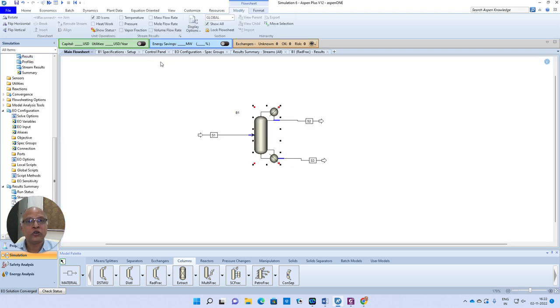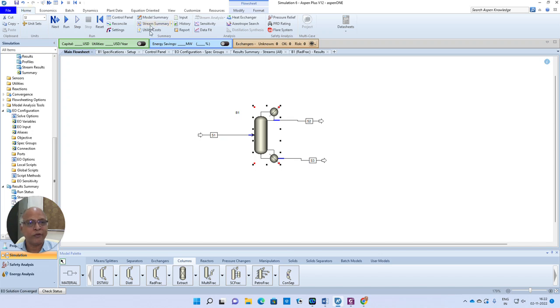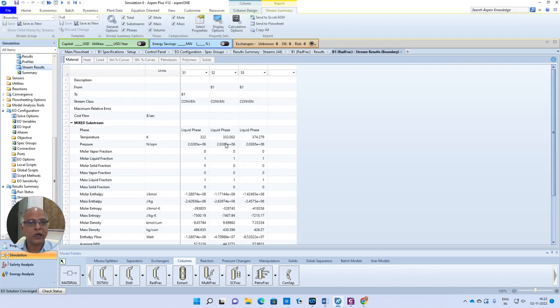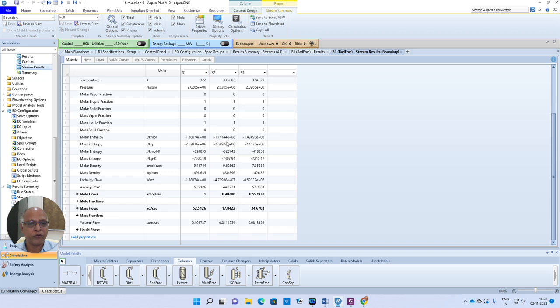So in this way, you should be in a position to look at whatever requirement that you have, right? Especially when you have more than one design specification, the sequential modular approach might prove to be ineffective, going to lead to iterative solution of the model repeatedly, right?